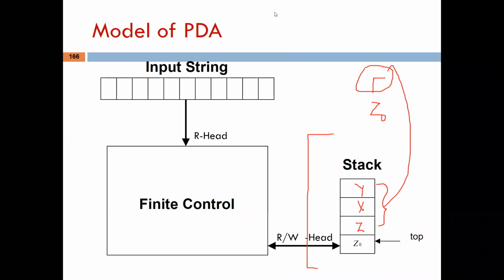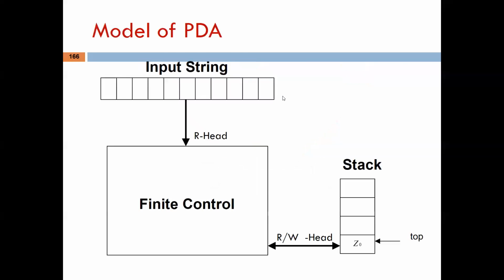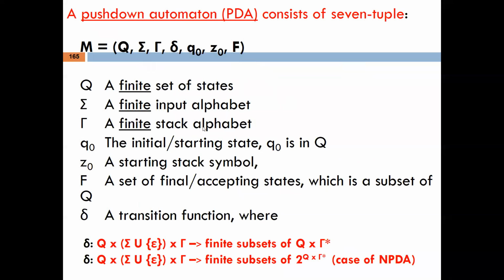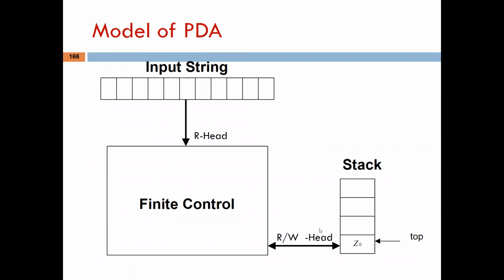Good. So now you can see easily. Now I want to discuss the transition function, how a PDA or pushdown automata works. In this case, as you see in the model diagram, there are two heads, as I already told you.